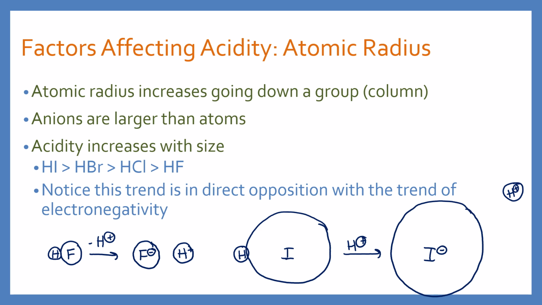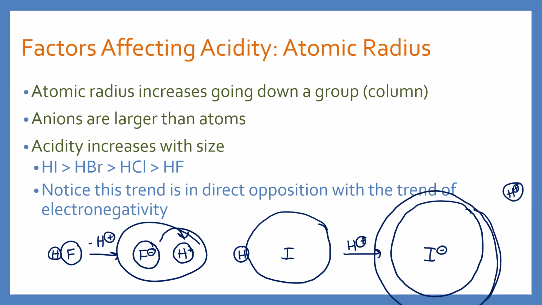Anyway, so fluoride is going to be very interested in reconnecting with H+. So these two are going to be very, very attracted to each other. Whereas this H+ has almost no attraction to this negative charge that's nicely spread out over this giant surface area. So these two are unlikely to find each other again once they're separated.